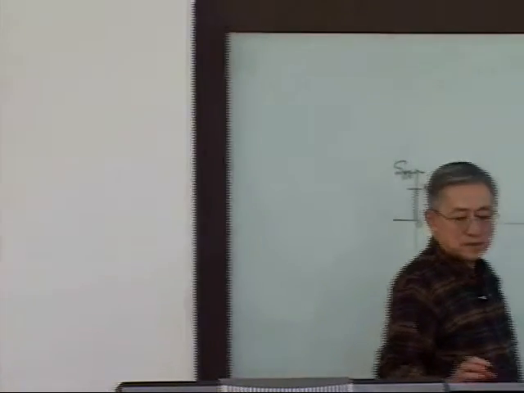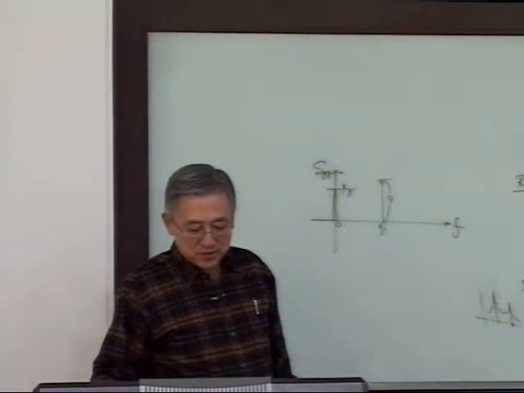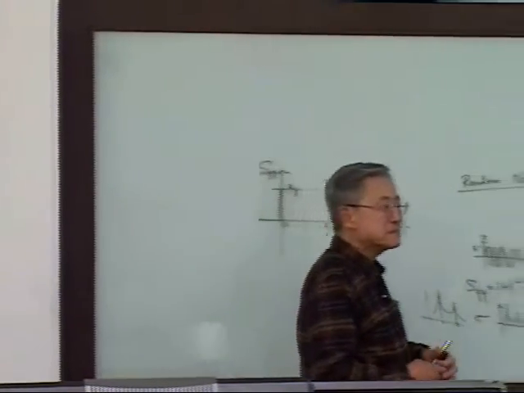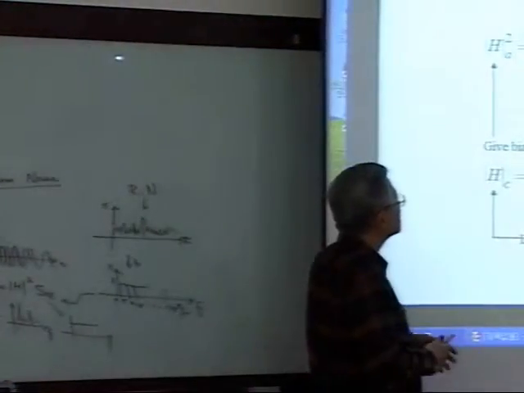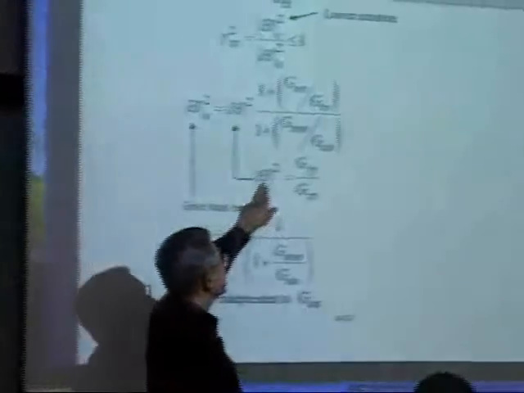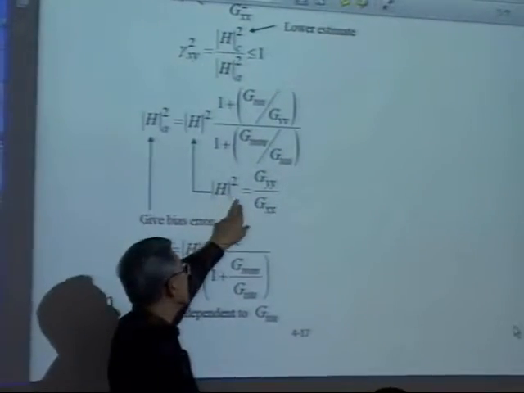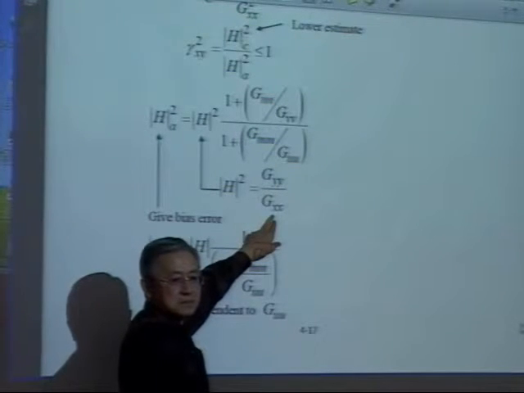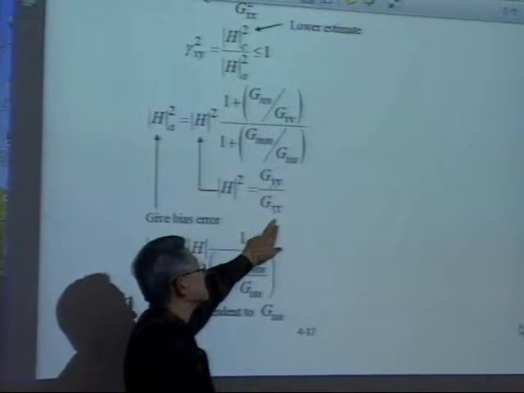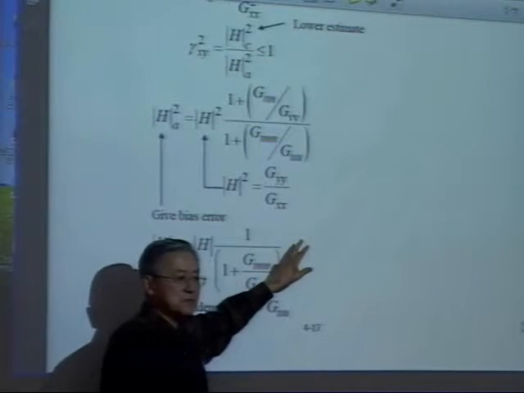Which is wrong here? Let's examine that. This one? Yeah, they should be equal to GVV over G. Very, very good.